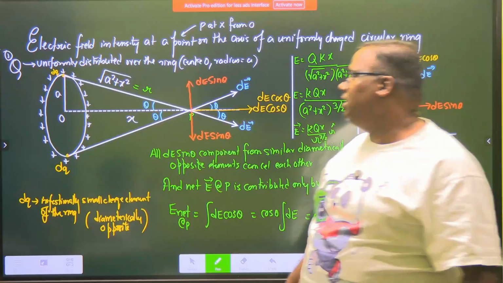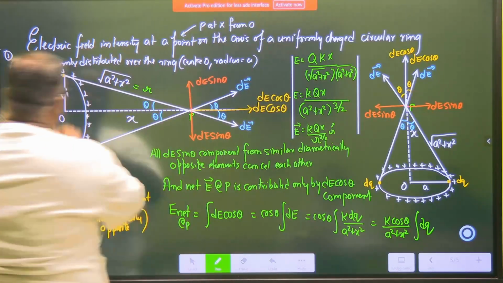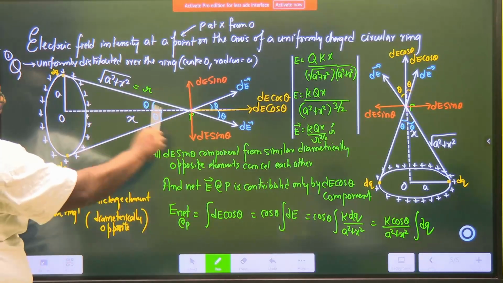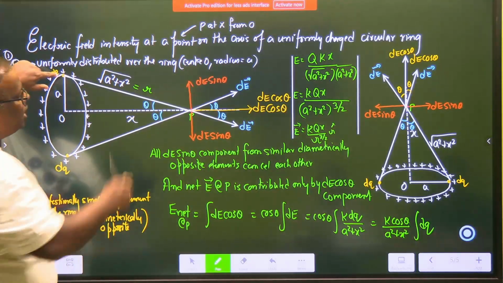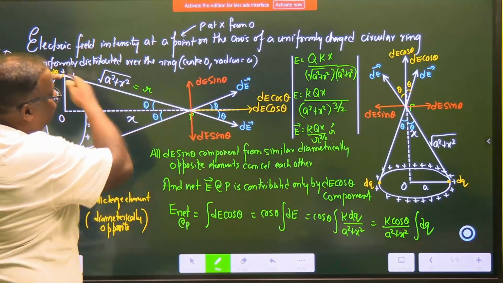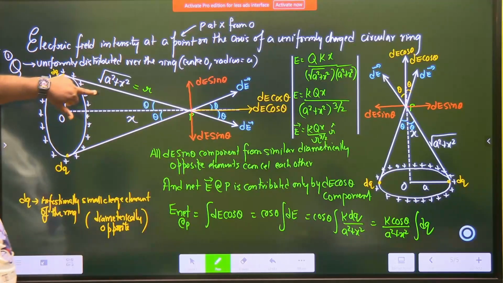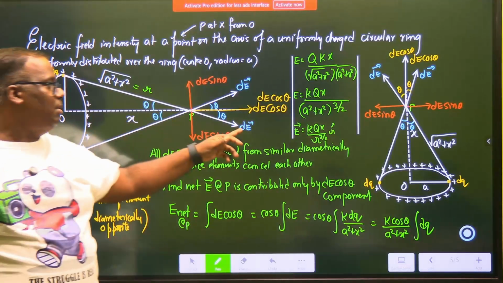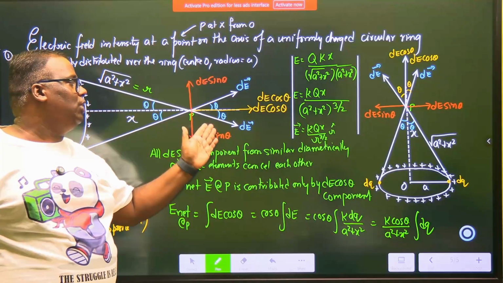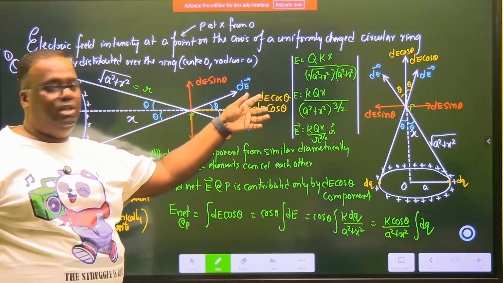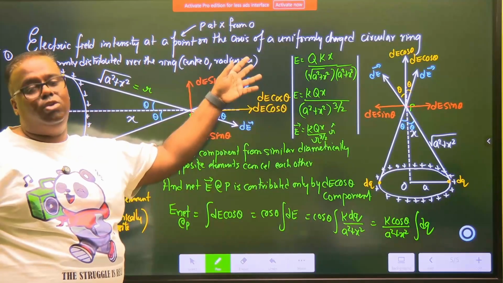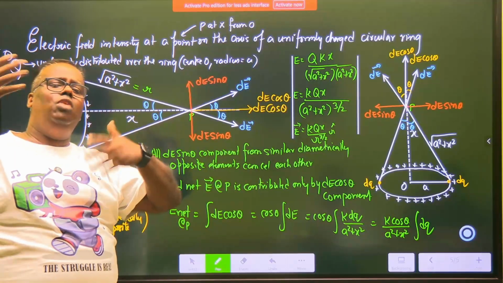Whenever you take a diametrically opposite scenario, you have a radius, you have a length. So this is the distance now. Children, in terms of Coulomb's law, this is one charge, this is one charge. The force is along this. Therefore, this is important for you. And you get dE. This dE can be further broken as dE cos theta, dE sin theta. This is dE because you took 2. So here, if there were n, there would have been n dE cos thetas, n dE sin thetas. All will cancel each other.